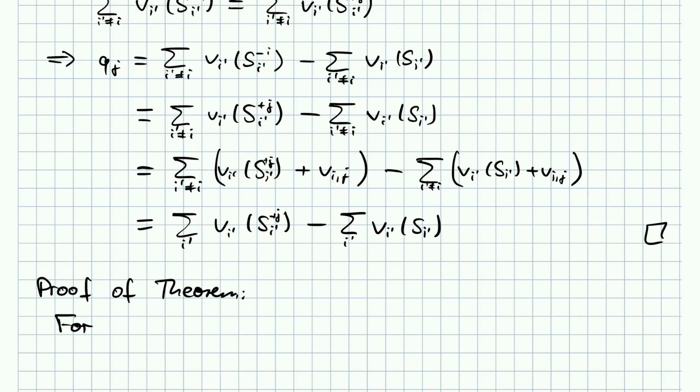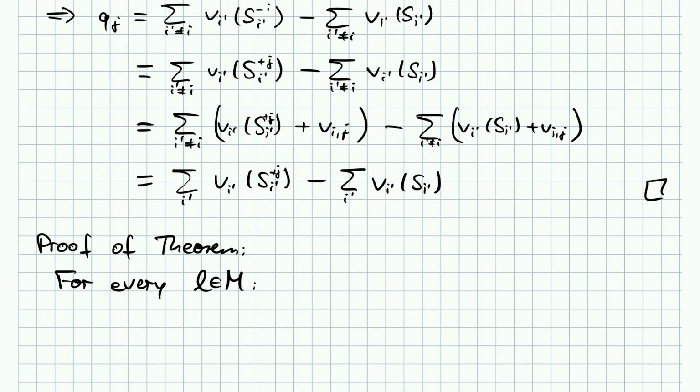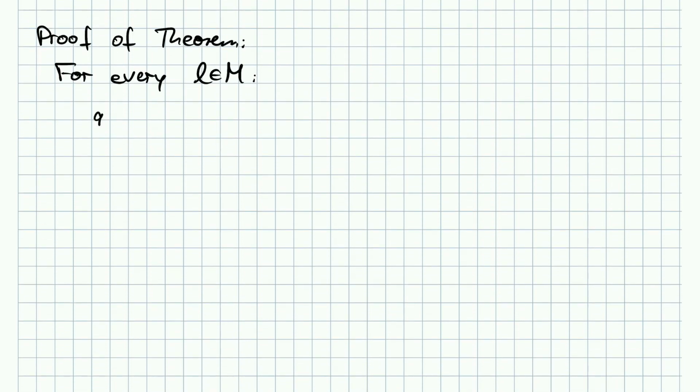For every item L, we have the following property: the item has a price which is defined as the social welfare that we're getting if we introduce another copy of it, minus the social welfare that we're getting without introducing another copy.